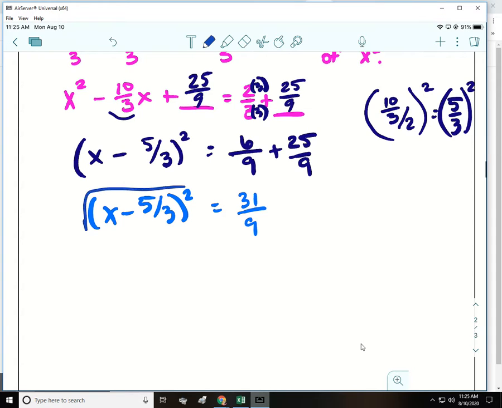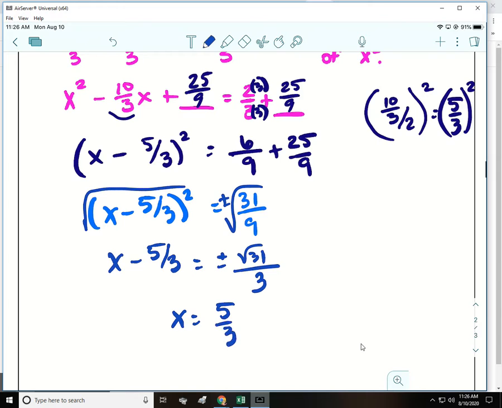Now we would take the square root of both sides. All right, so our numerator is the square root of 31. Will the square root of 31 reduce? What about the square root of 9? Yes, so that's just 3. Regular old 3. And then we'll move that 5/3 over.